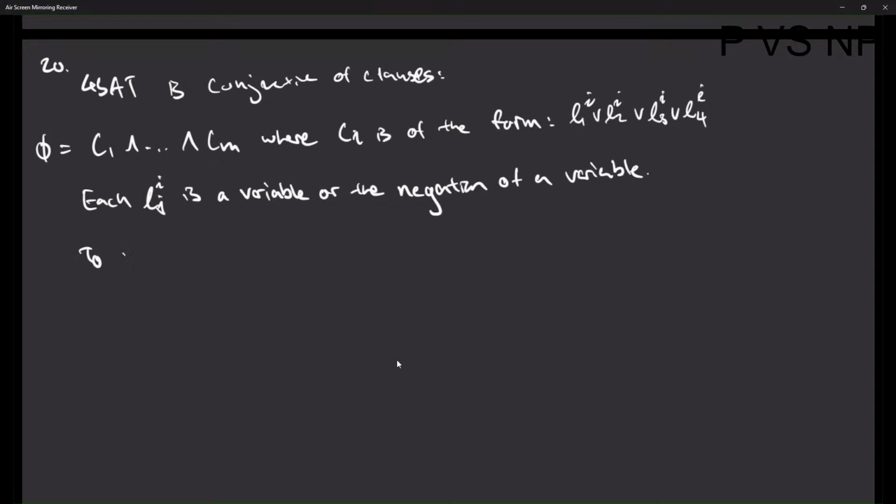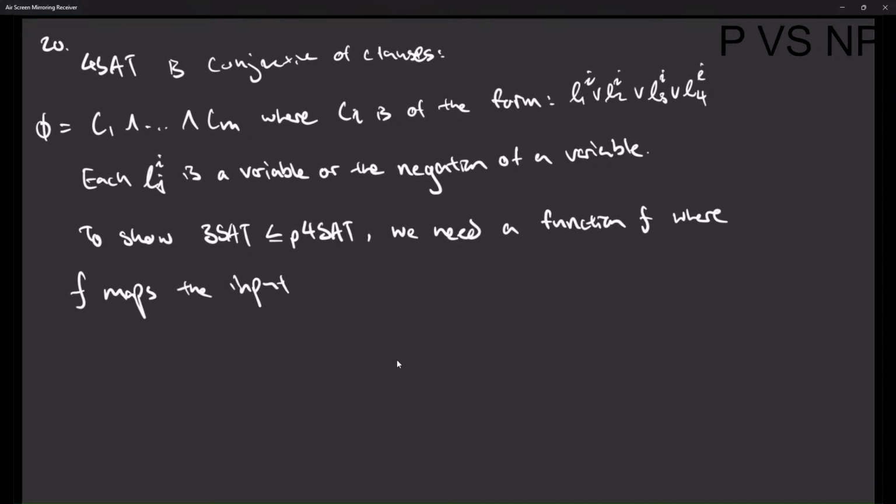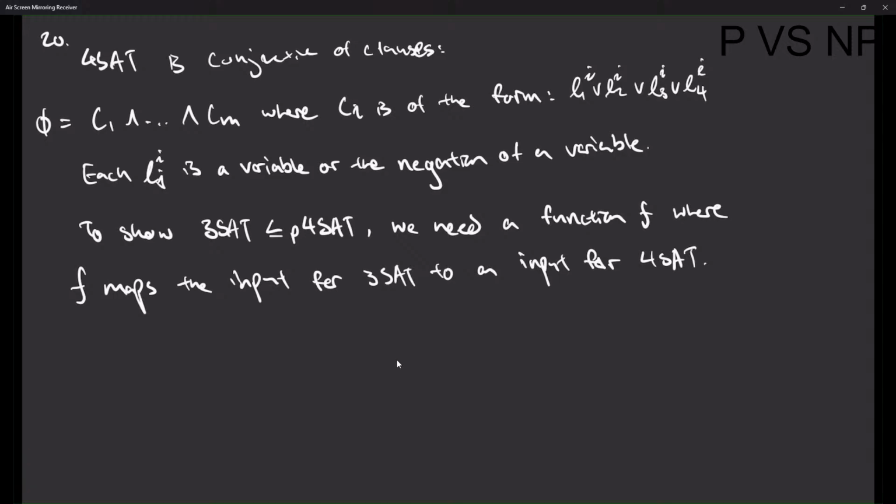To show 3-SAT can be polytime reduced to 4-SAT, we need a function f where f maps the input for 3-SAT to an input for 4-SAT.